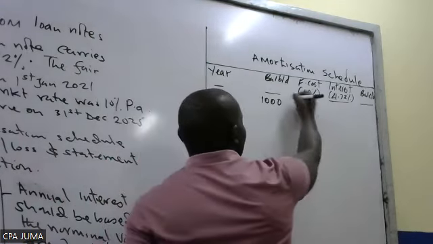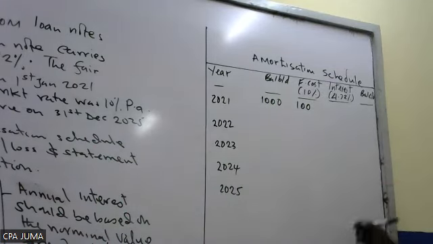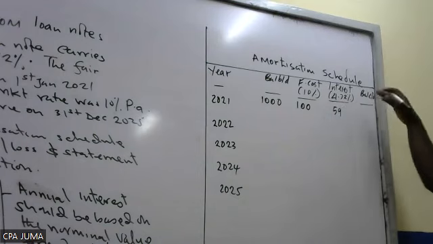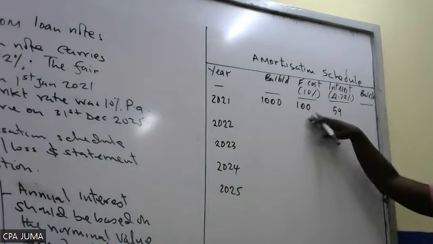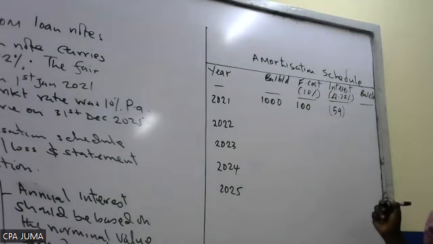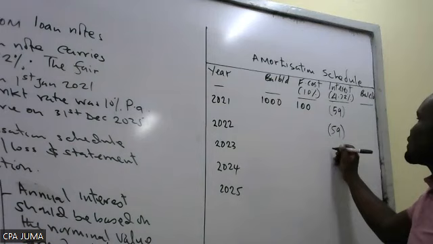So 10% of this is how much? 100. But interest will remain constant at 59. So to get the closing, you take the opening, you increase the value, then you subtract the actual interest. That is the interest which will be paid or received, so it will be constant throughout.